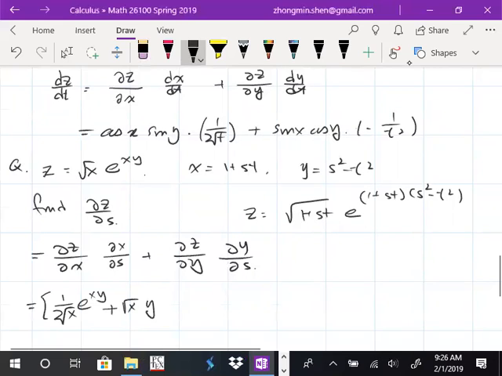So that's going to be the square root term plus y e to the xy. Then you differentiate x with respect to s, and that's just t. The next one is the derivative of z with respect to y, which is just x times square root of x, e to the xy. Then you find the derivative of y with respect to s, which is 2s.